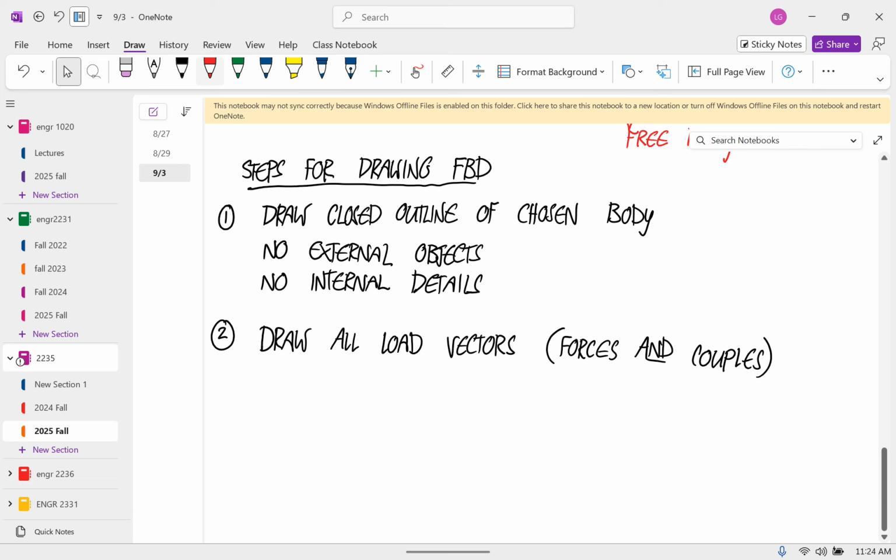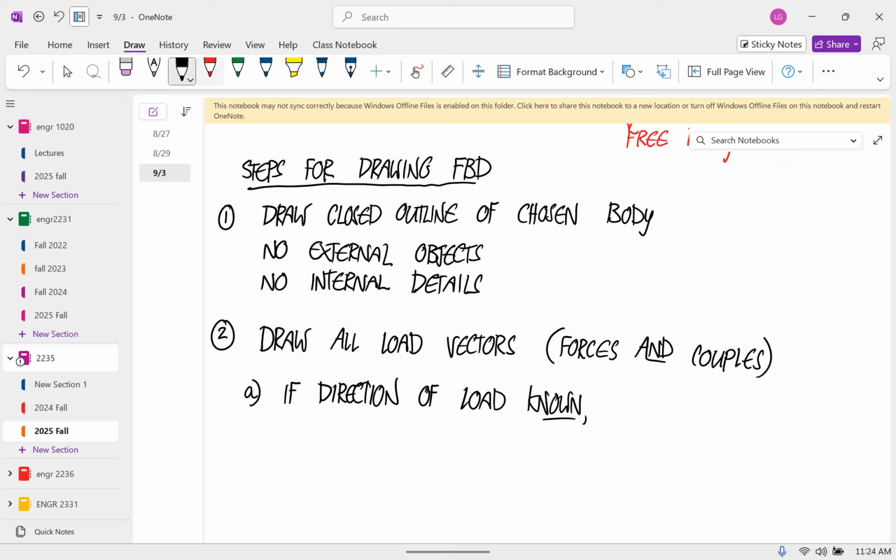Okay, so how do you draw the load vectors? Well, first, if the direction of the load is known, then draw an arrow in that direction.